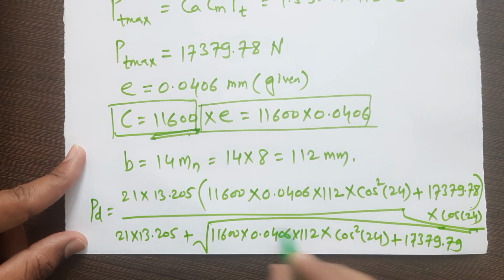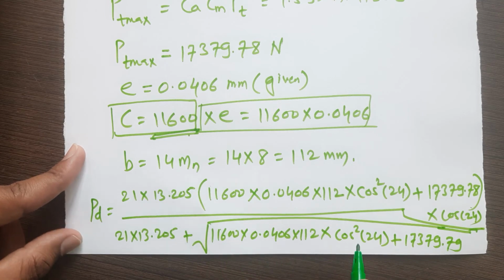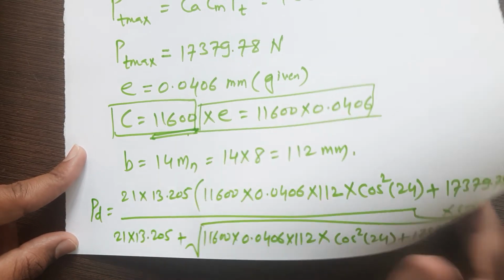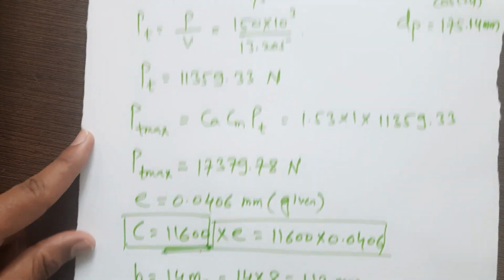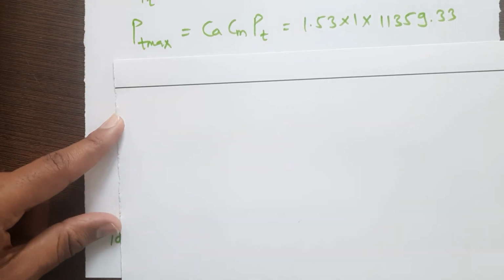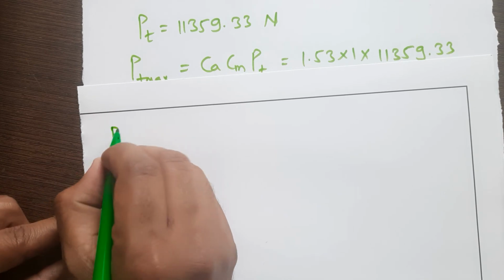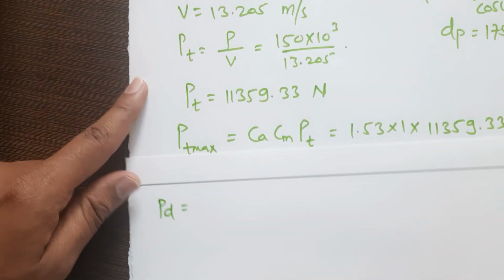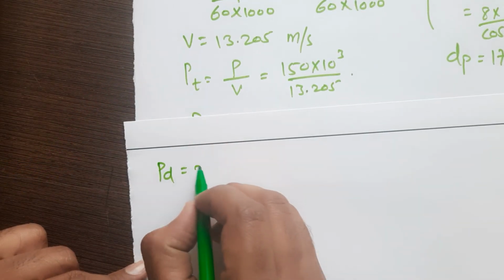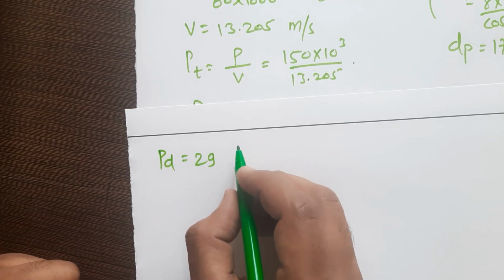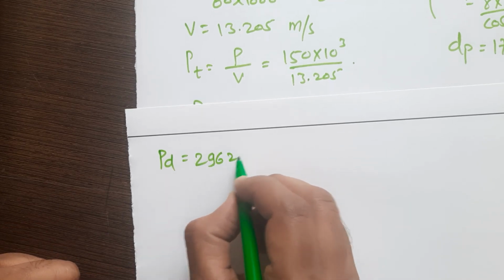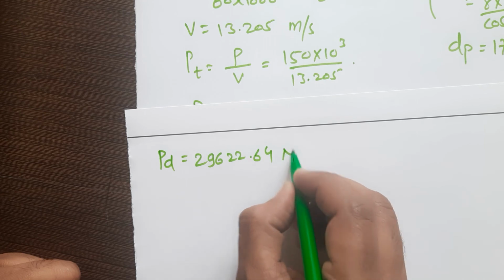This complete thing is under root. Now after calculation you will get Pd. Your Pd will be 29,622.64 Newton.